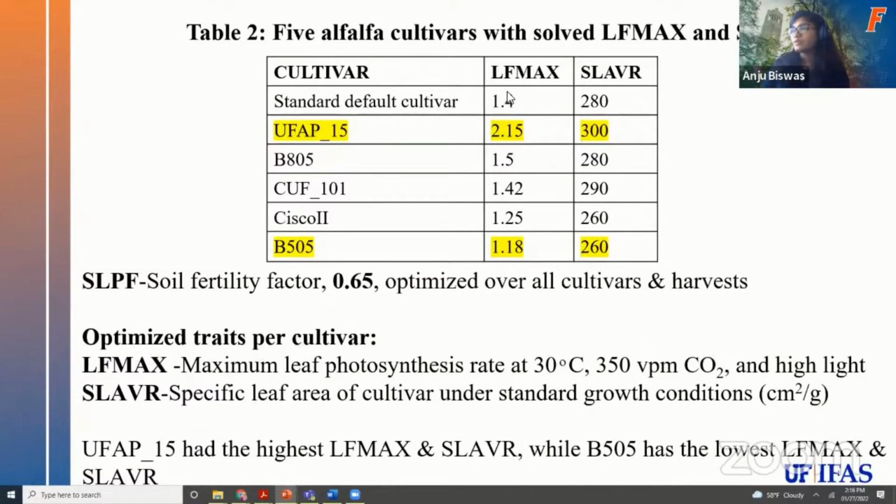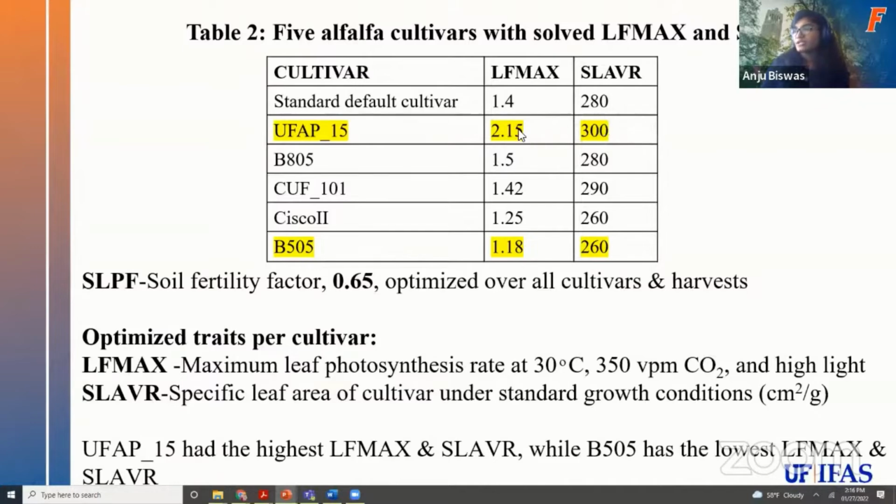Here you can see our standard default cultivar for these parameters, and these parameters were fixed at 1.4 and 280. And here you can notice that this non-dormant AP15 has the highest maximum leaf photosynthesis rate, and also the highest specific leaf area, which is directly correlated with biomass yield.